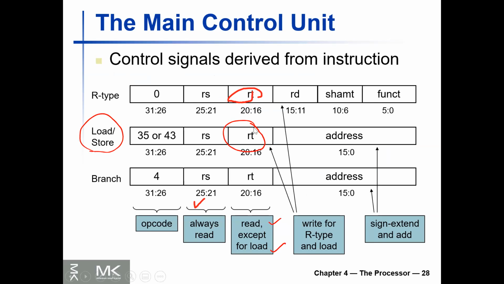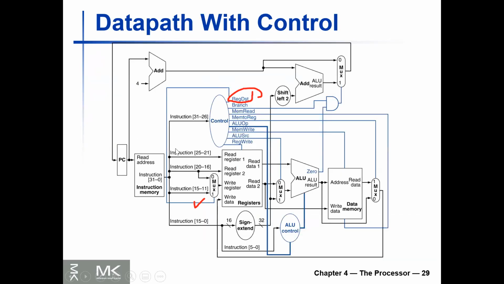And see that the values are 16 to 20. 16 to 20 is the bit positions, basically. So see this one here. Here the first register is exactly no problem, but for the second register, here we have to decide which one is the right register you are going to write.